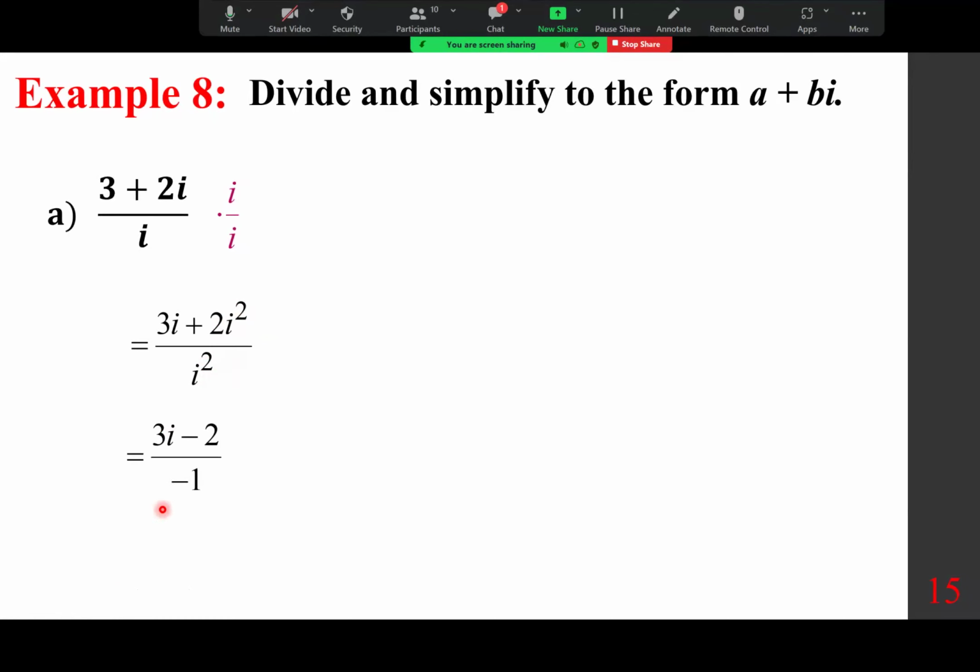And so we are looking at 3i over negative 1, or minus 3i, and negative 2 over negative 1, or positive 2, and we put it in standard form by putting a first. So a is 2, and b is negative 3, a plus bi.